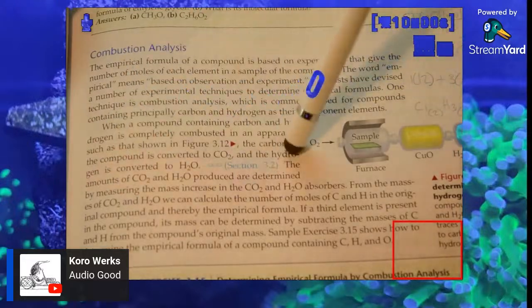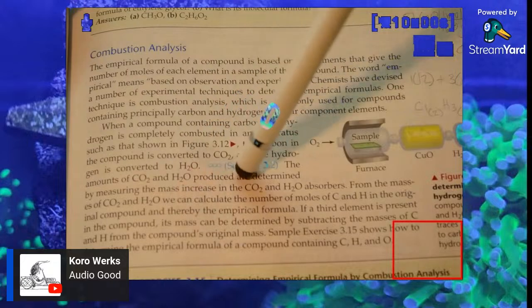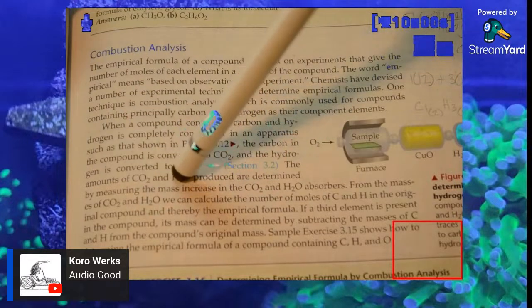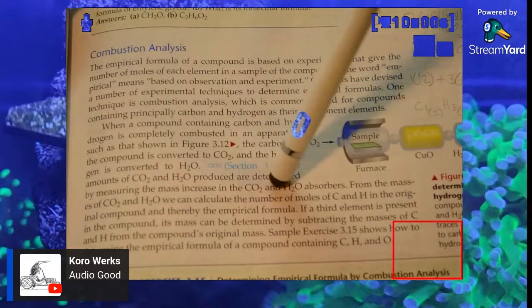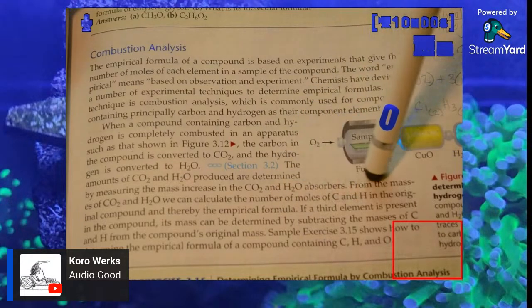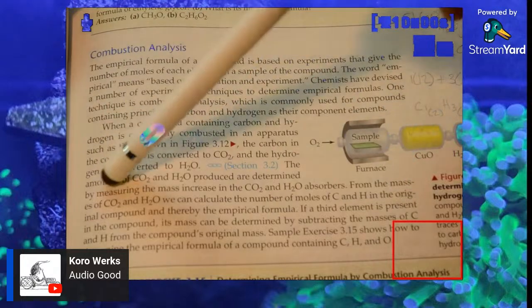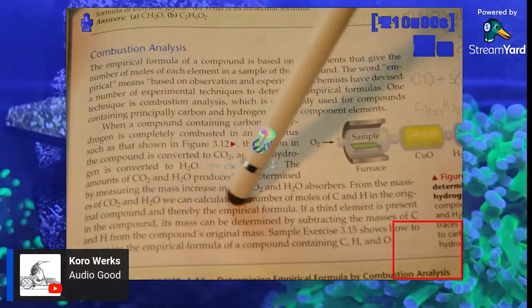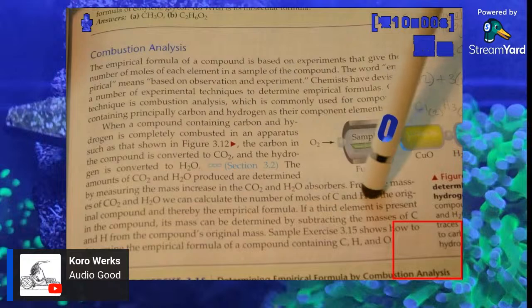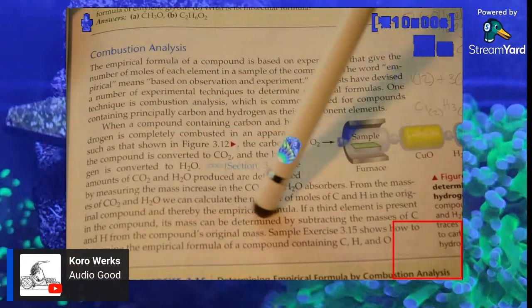Anyways, let's keep going. The amount of CO2 and H2O produced is determined by the measurement of mass increase of the CO2 and the H2O absorbers. From the masses of CO2 and H2O, we can calculate the number of moles of carbon and hydrogen in the original compound, and thereby the empirical formula.